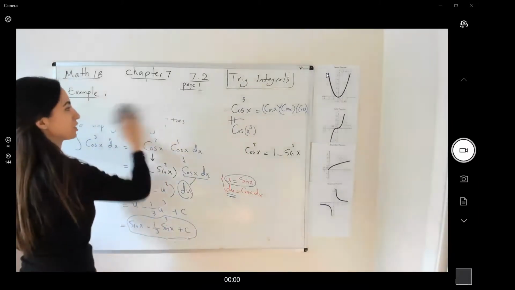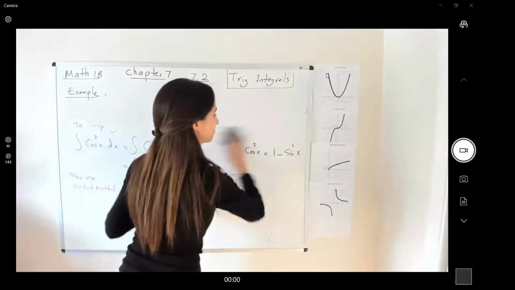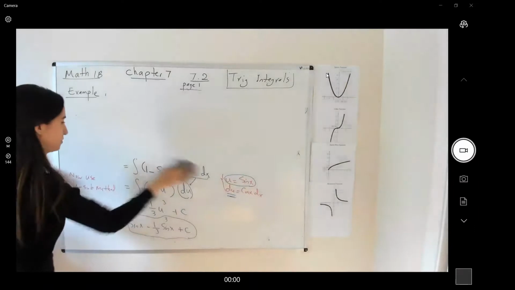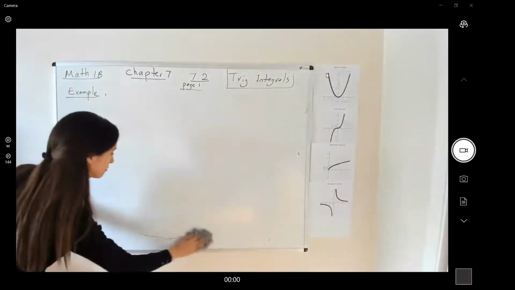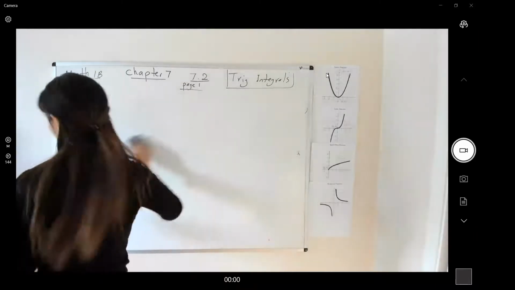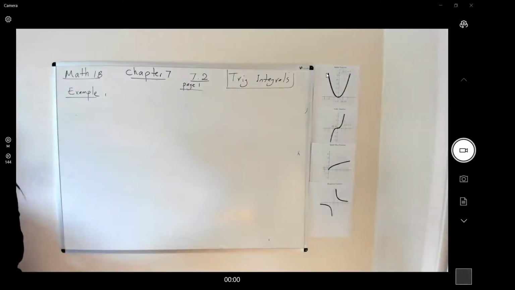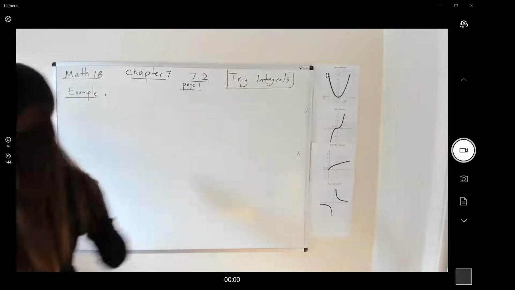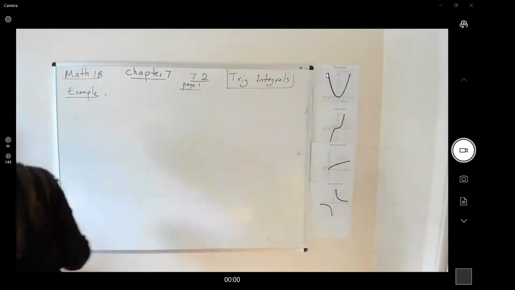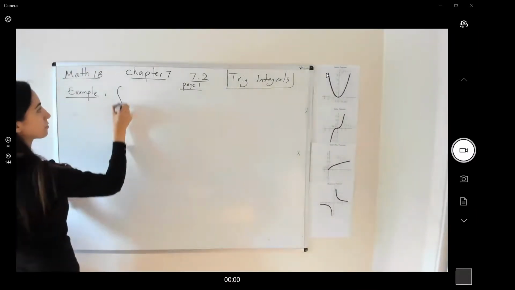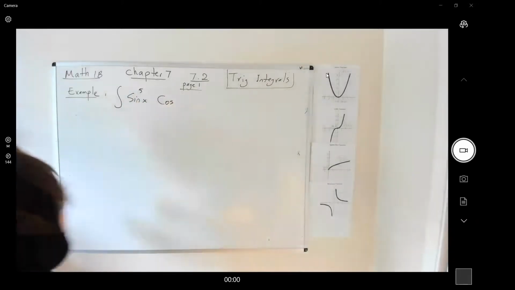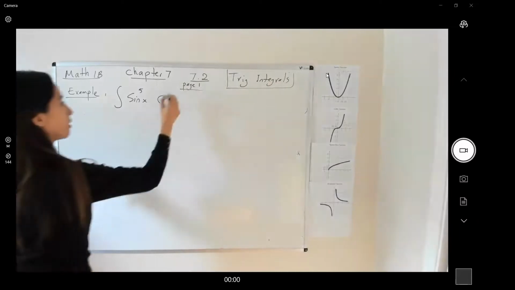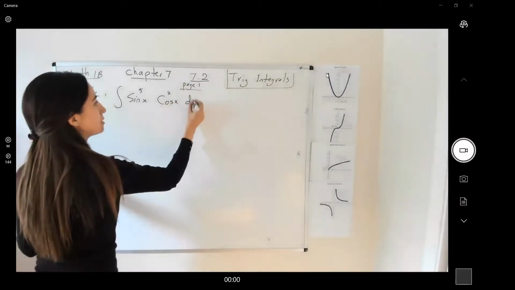Let us make it more interesting. Still on page 1, we have integral of sine to the fifth of x times cosine squared of x dx.